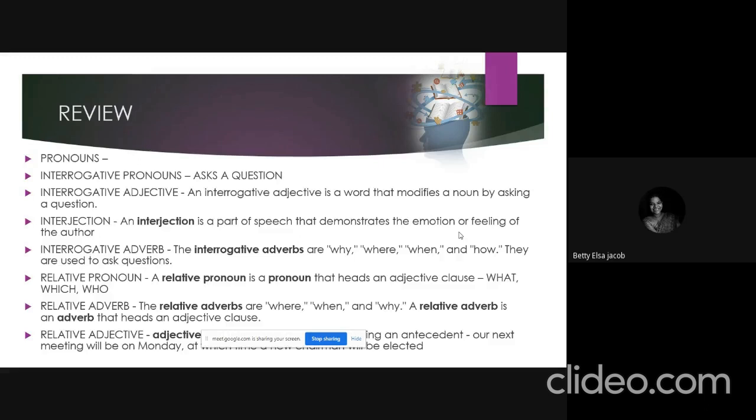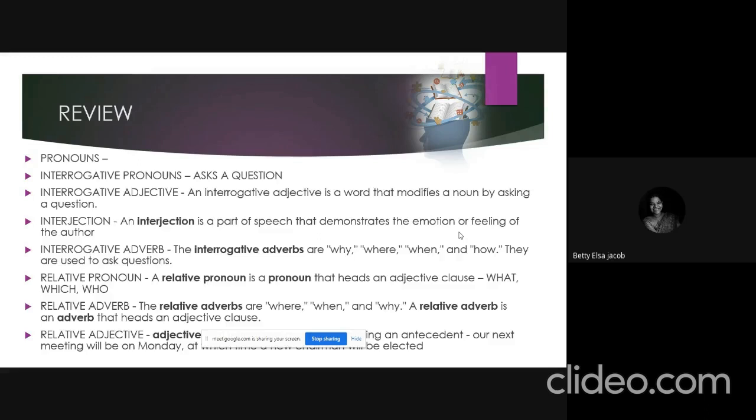Why did you change your name? Now, here the answer is not a single noun, but it is a phrase or a clause which demonstrates an action. That's why we call it an interrogative adverb. So these words, why, where, when, and how, when they come in a particular question, we call them interrogative adverbs. We'll look into detail when we do each question word.